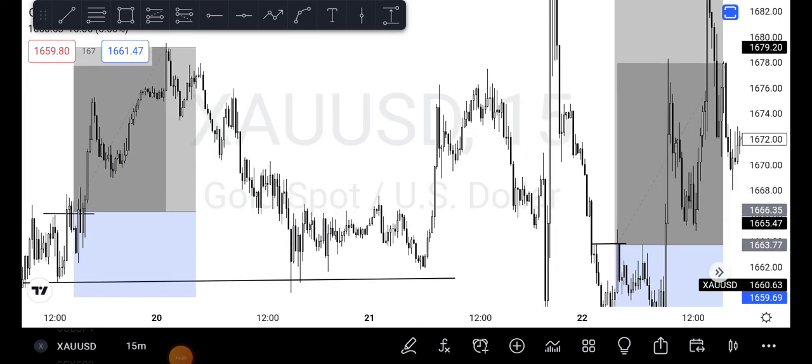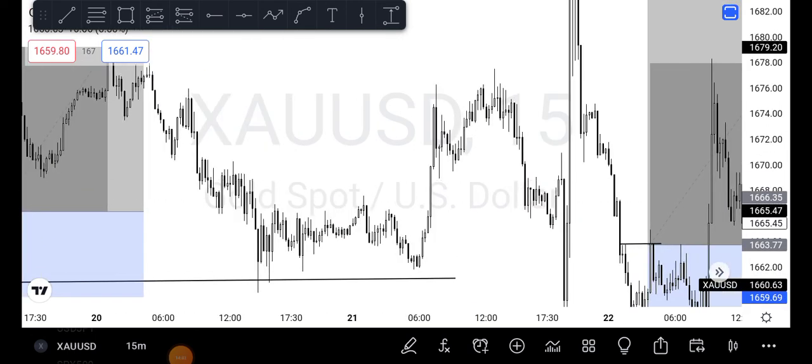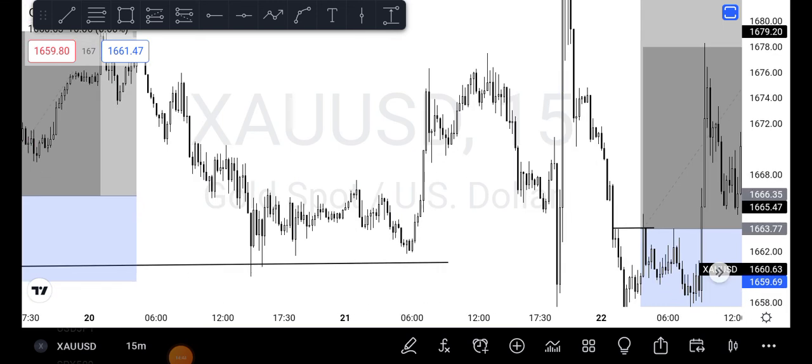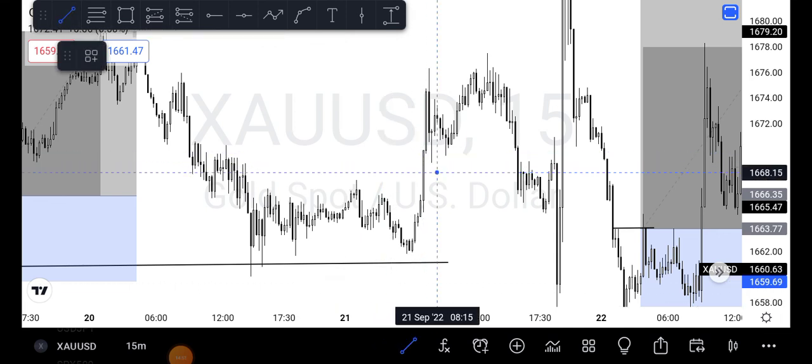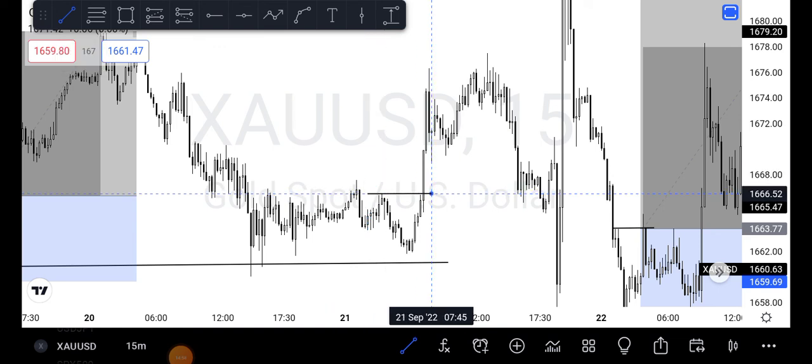Okay, so what about this? Let's say I have a first touch here, this area, and let's assume this to be a second touch. Okay, so it broke a previous high.